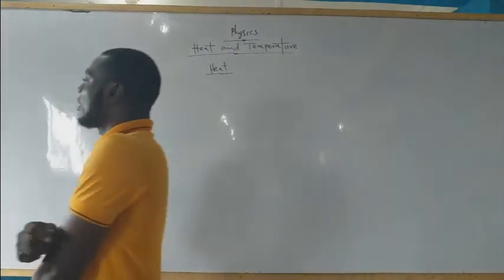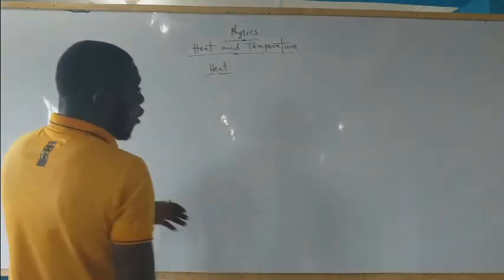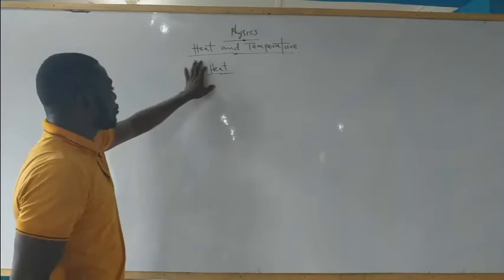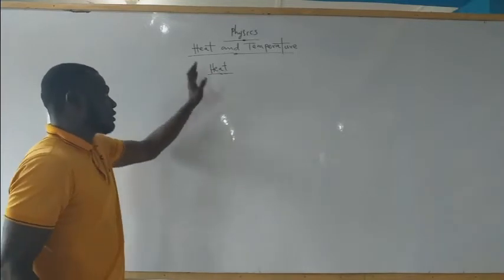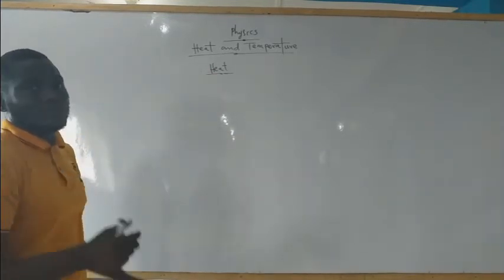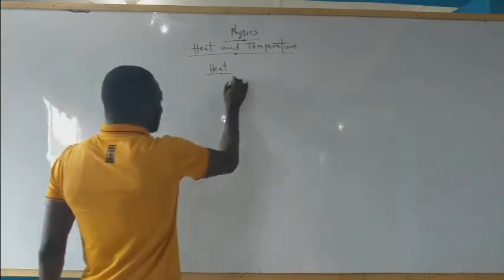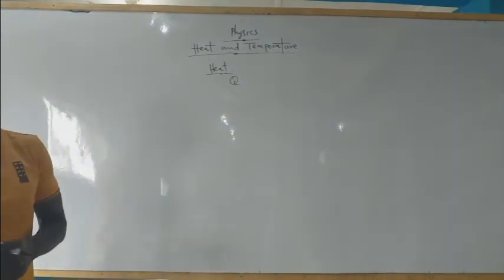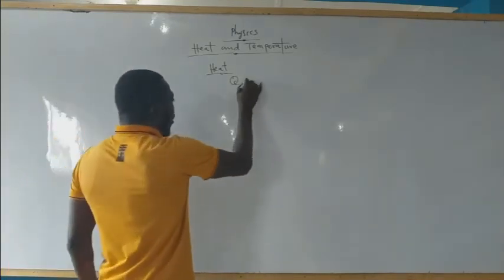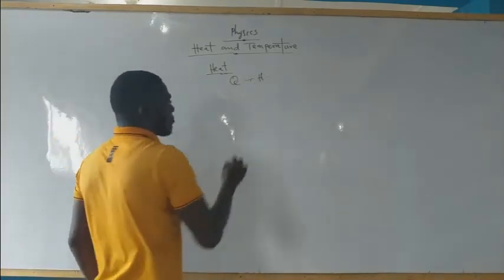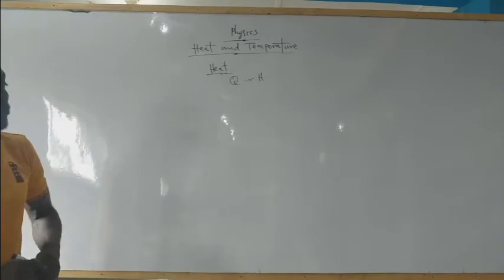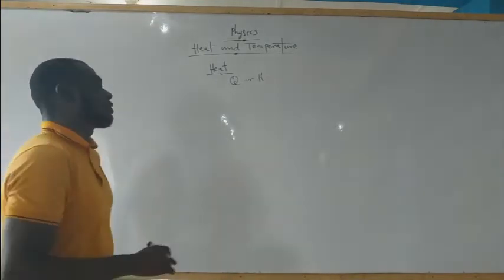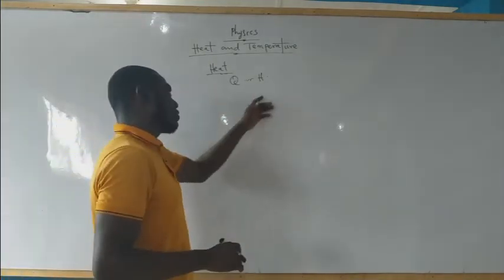Calorimeter is the instrument used for measuring the quantity of heat. We use the symbol Q or H to denote heat.